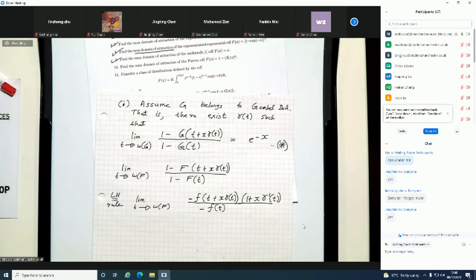X is a constant. X does not depend on t. X is fixed, so the derivative comes only from the t term. Okay, guys. Any other questions? You all right?